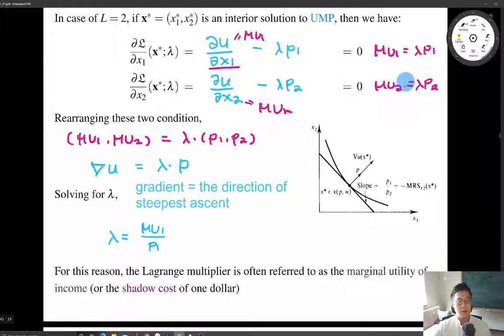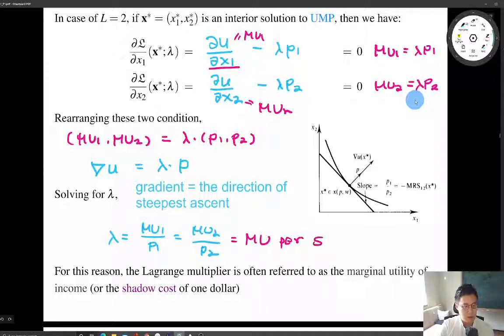Solving the second equation for lambda by dividing by p2, we have mu2 over p2. The ratio of marginal utility to price is called the marginal utility from a dollar, named mu per dollar.